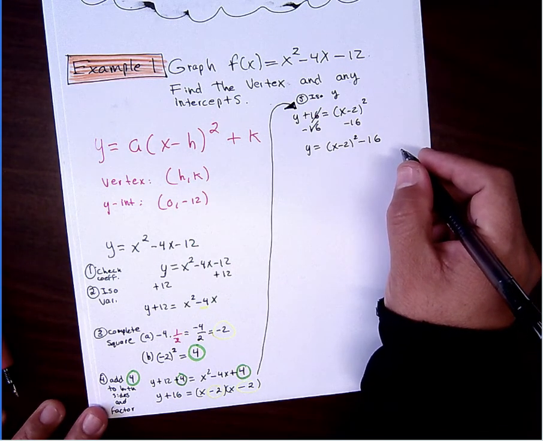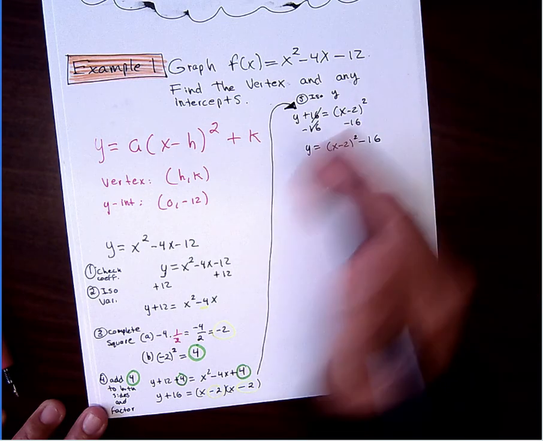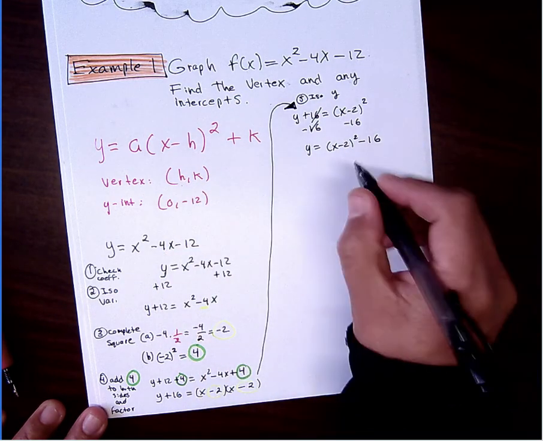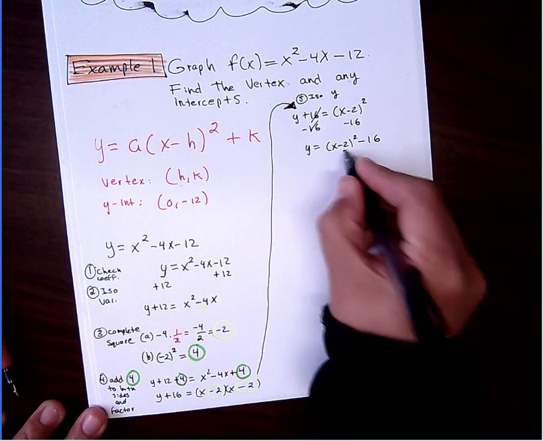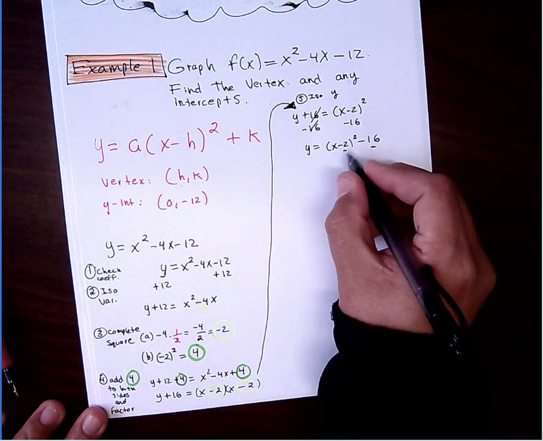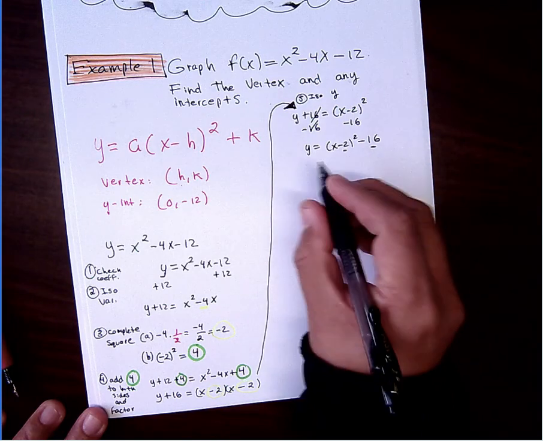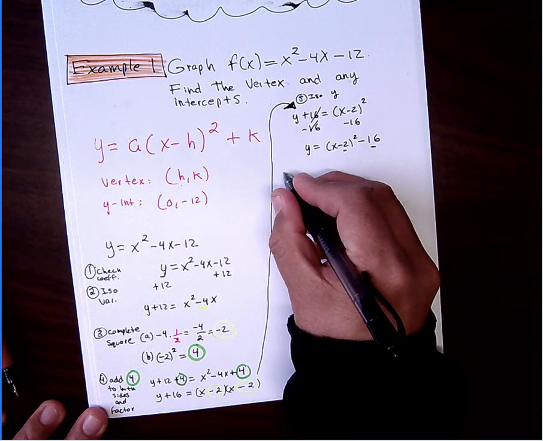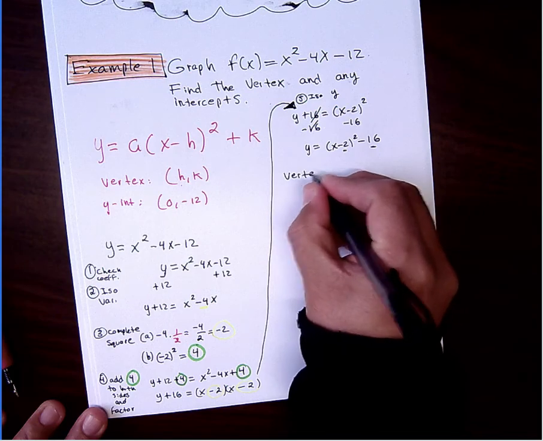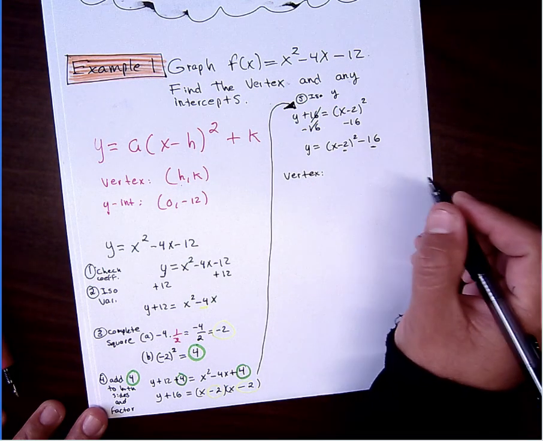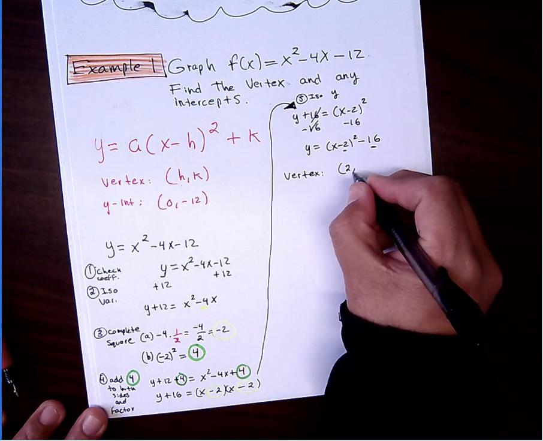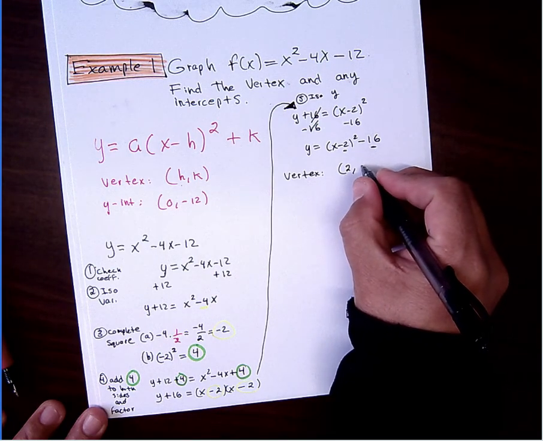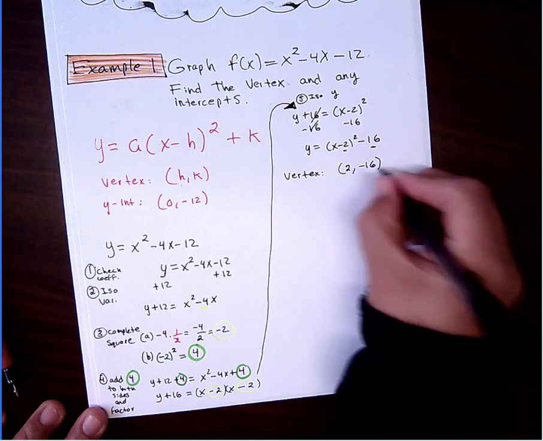Okay, so now we can find the vertex. The vertex is there, so that means this number and that number would be the h and the k: 2 and negative 16.